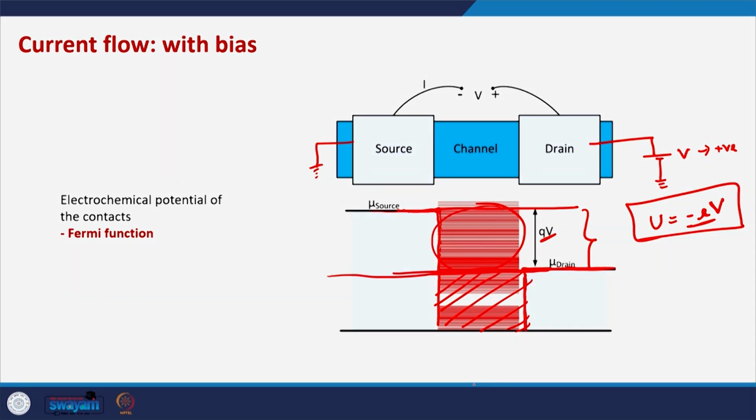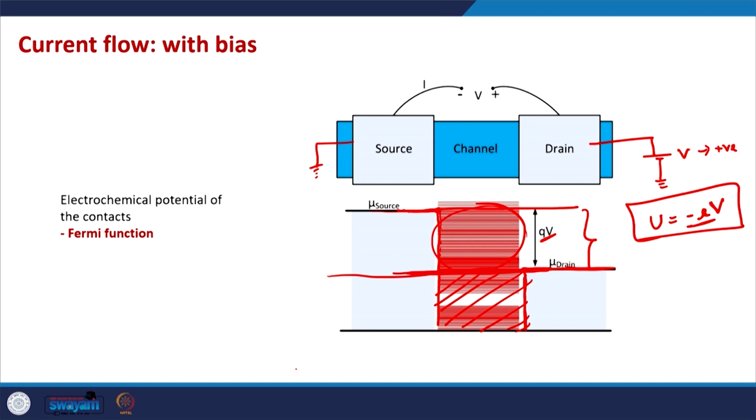The drain is trying to make sure that only electronic states up to this level are filled. Which means that the drain terminal is now trying to make these states empty of the electrons.